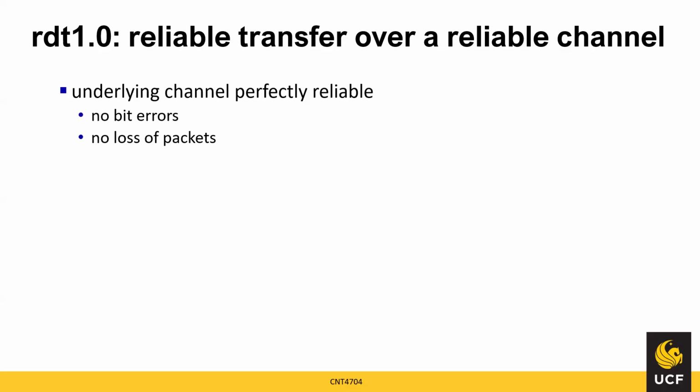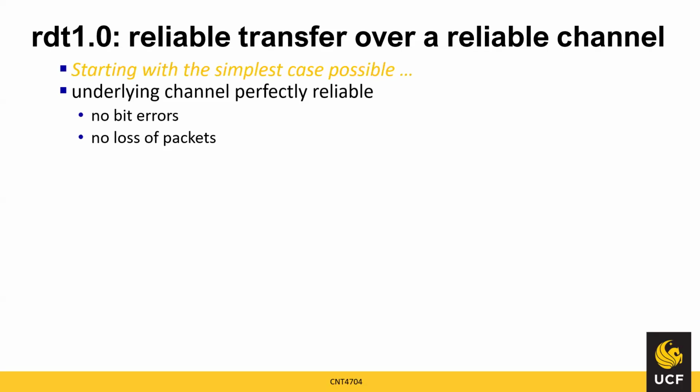So now we talk more about RDT 1.1, reliable transfer over a reliable channel. We are beginning with the simplest possible case, making sure the underlying channel is perfectly reliable. That means no bit errors and no packet loss. Everything is getting sent properly in a correct fashion.